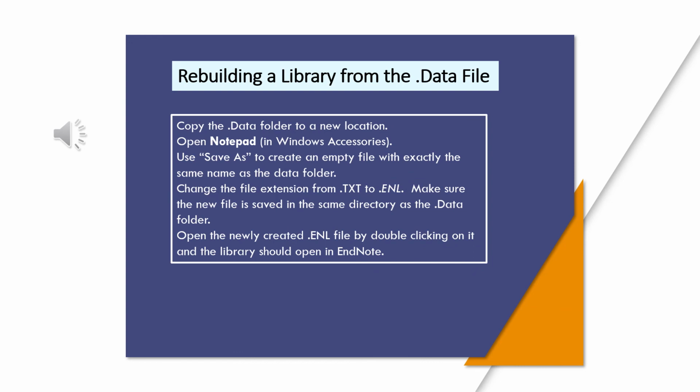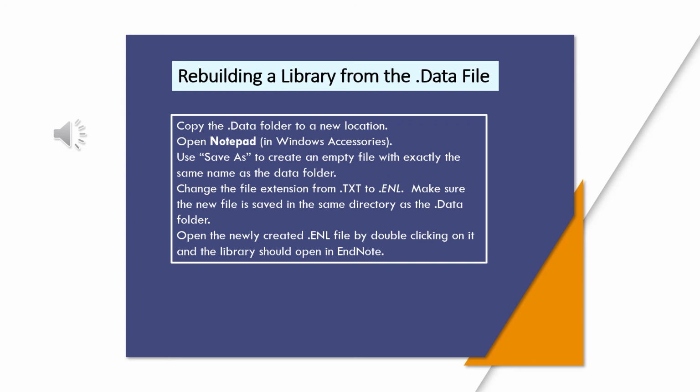You can also rebuild a library from the data file. Try this option if you have accidentally deleted the ENL file of your library. If you still have the data file, you should be able to rebuild your library. To do that, copy the data folder to a new location. Open the Notepad app in the Windows accessories.